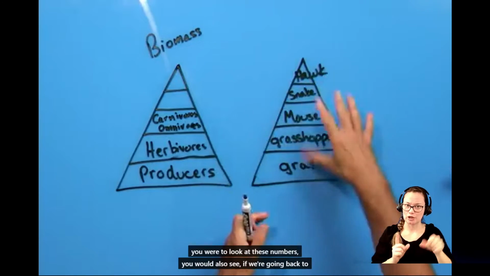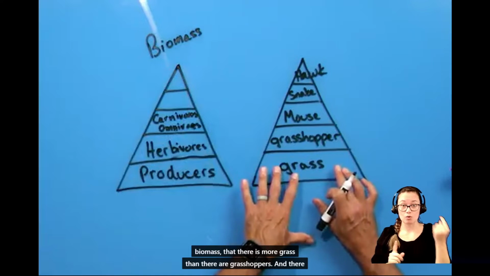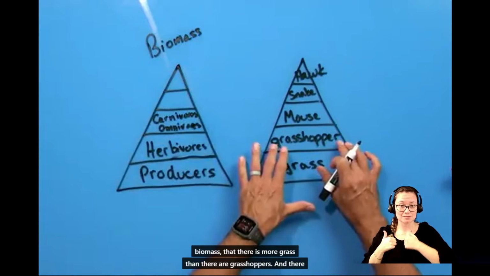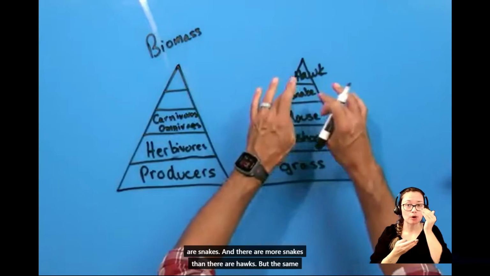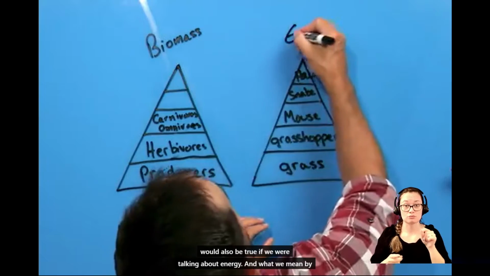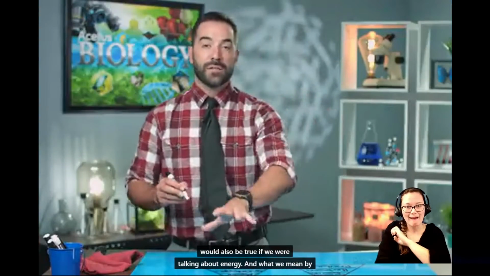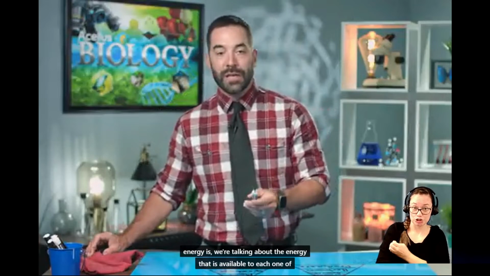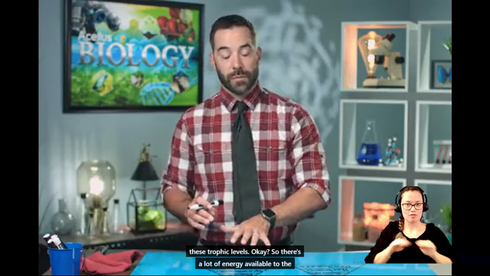And if you were to look at these numbers, you would also see, if we're going back to biomass, that there is more grass than there are grasshoppers, and there are more grasshoppers than there are mice, and there are more mice than there are snakes, and there are more snakes than there are hawks. But the same would also be true if we were talking about energy. And what we mean by energy is the energy that is available to each one of these trophic levels, okay?